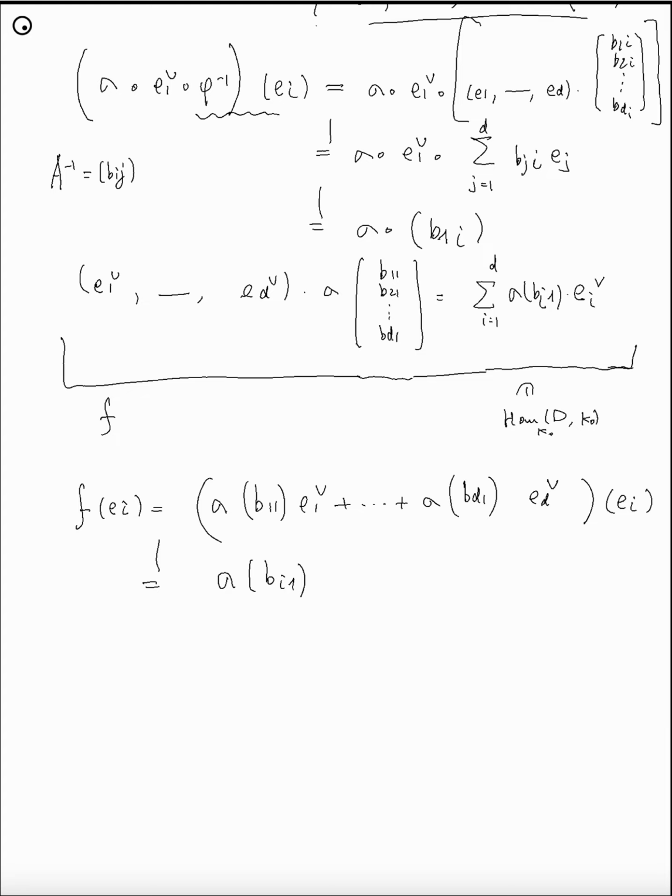We're checking whether the first column of this matrix multiplication. So here we pick the first column of the corresponding matrix sigma inverse, which should give us the image under phi du of u1 du.